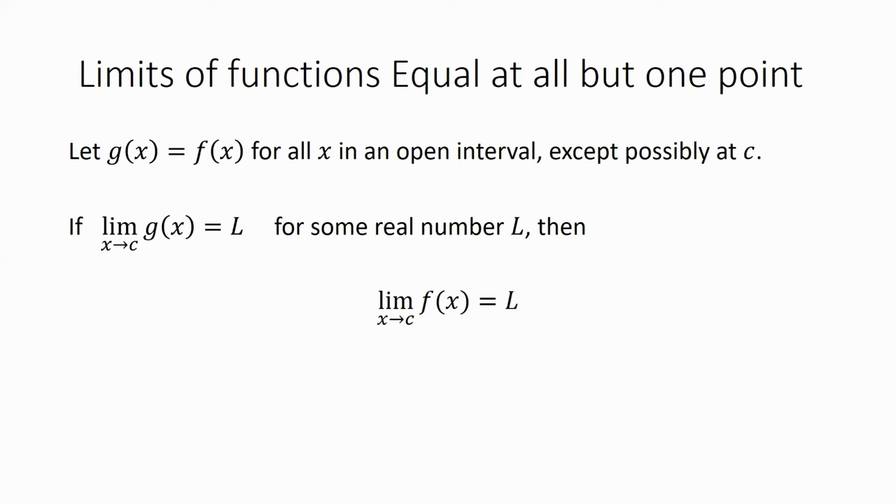So the way we say this is if these two functions are equal for all points except maybe one, then if the limit of one function as x approaches c is L, then the limit of the other function as x approaches c also has to be L. So if two functions are equal at every point except maybe one, then they have to have the same limit as x approaches that c.